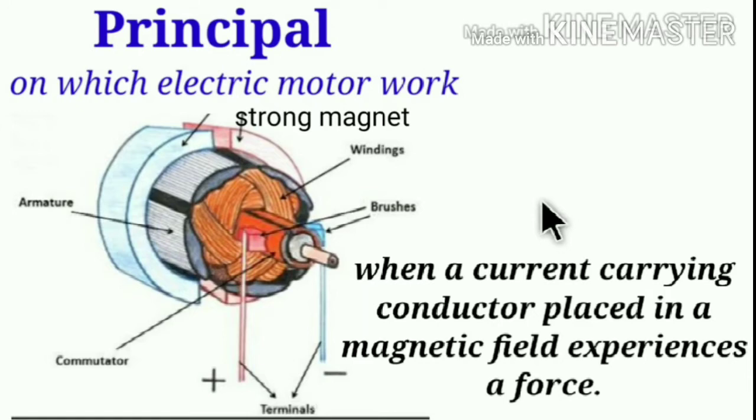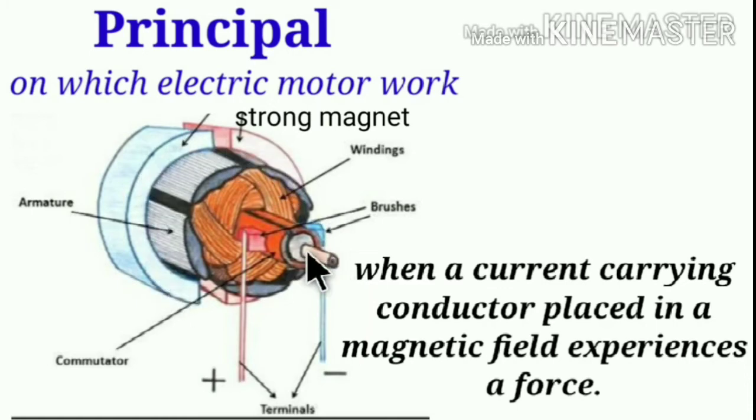In the last video, we saw the force acting on a current carrying conductor in the presence of a magnetic field. That is the activity we saw previously. So these are the strong magnets.